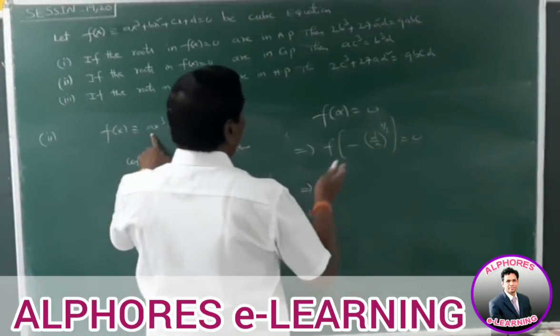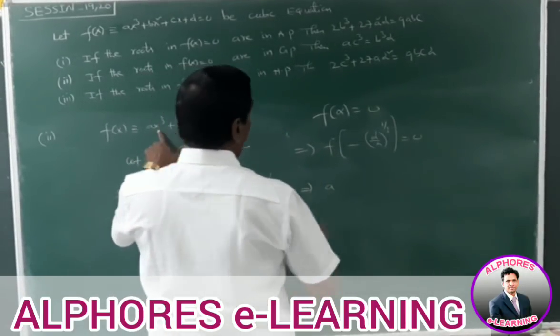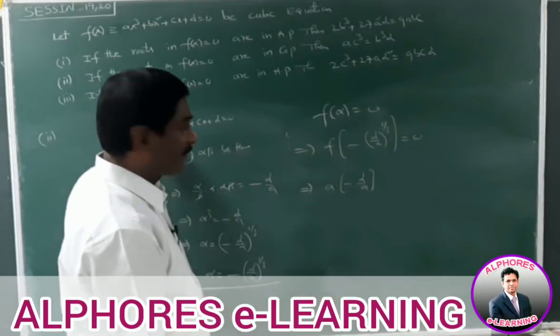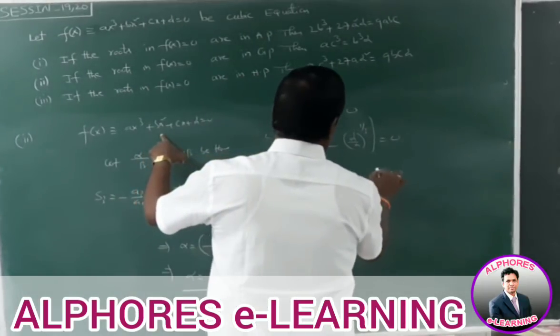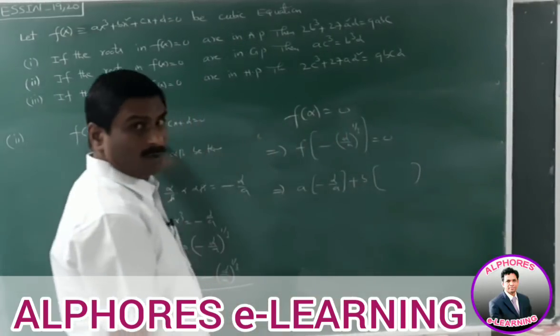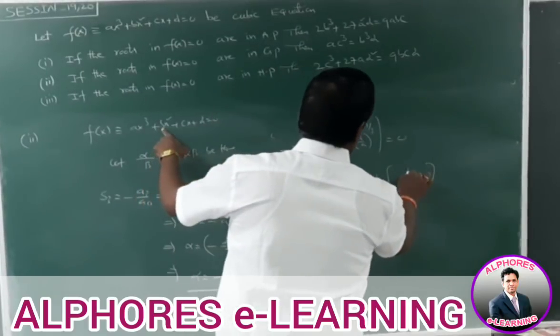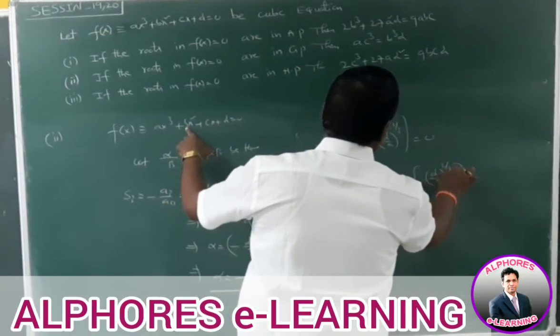A into minus D by A whole power 1 by 3 whole cube means minus of D by A, plus B into minus D by A whole power 1 by 3 whole square. Whole square means positive, D by A whole power 2 by 3.